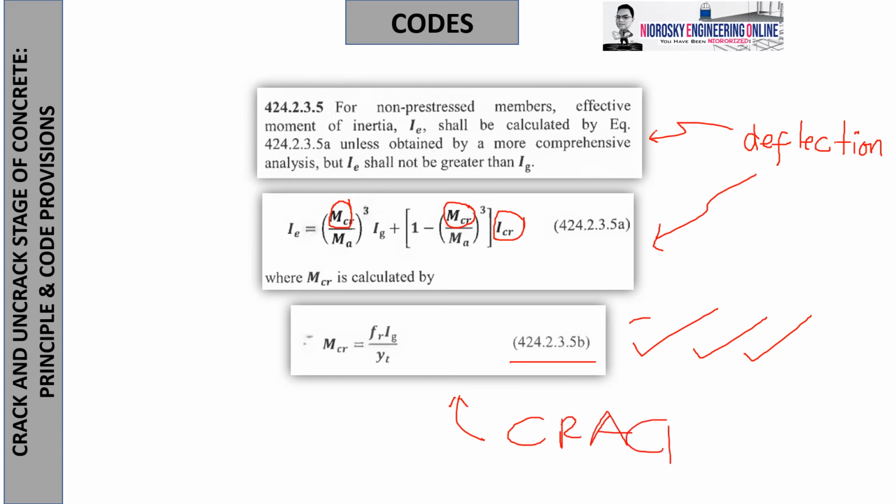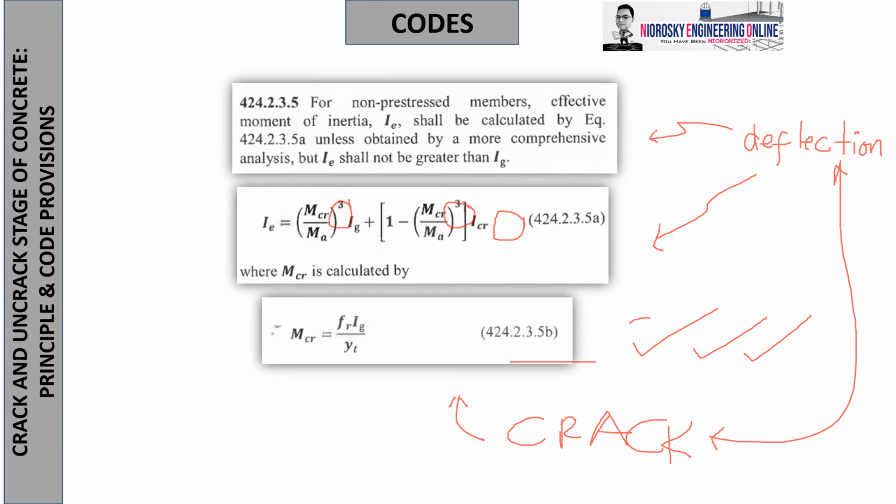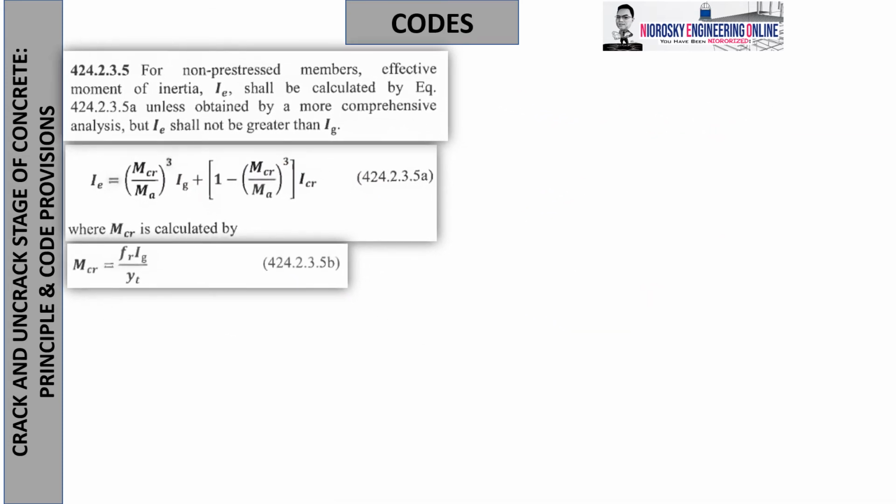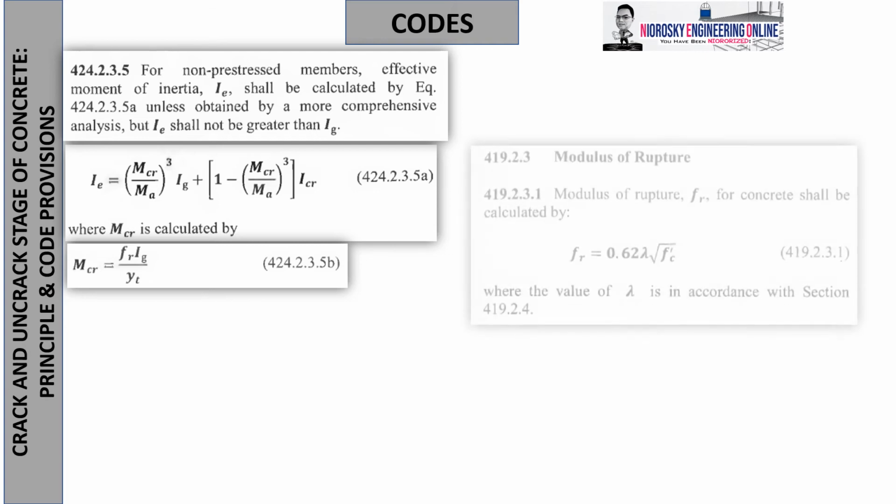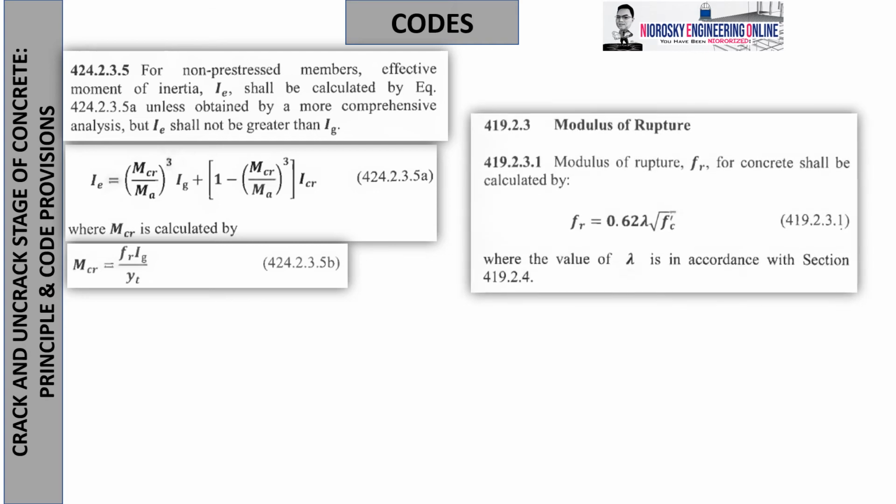Okay? The crack that may be a direct influence of deflection. Okay. So, let's set this formula aside for now so that we at least have some recognition later as we discuss the next content. Okay. So, we are interested in what F sub R is.